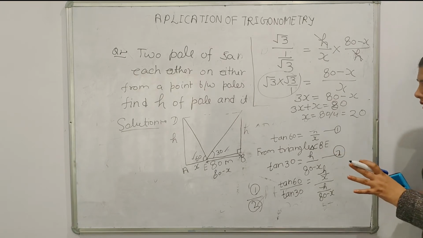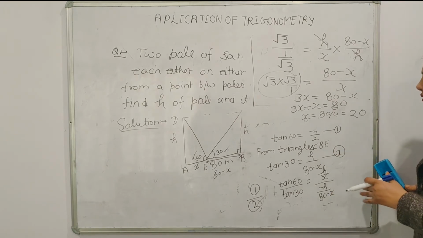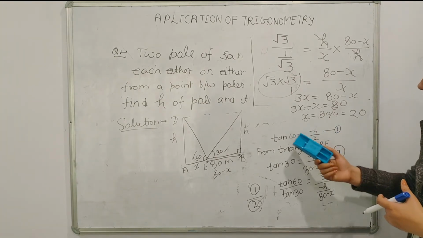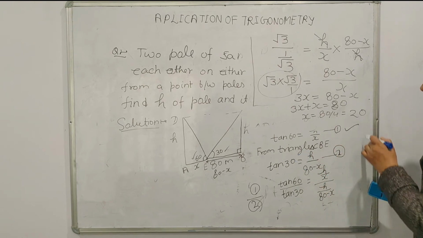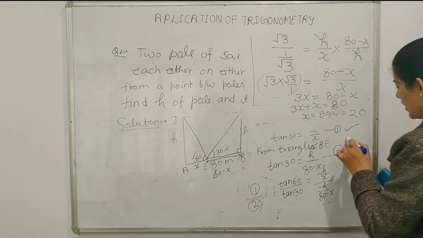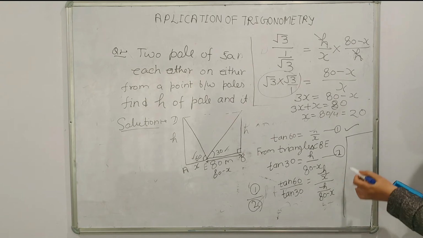So x is 20 and that is not the height of the pole. So put the value of x in any one of the equations. Tan 60 is equal to this or tan 30 is equal to this, and this will be easy because you have to write the value only in one step. You don't have to do 80 minus x.